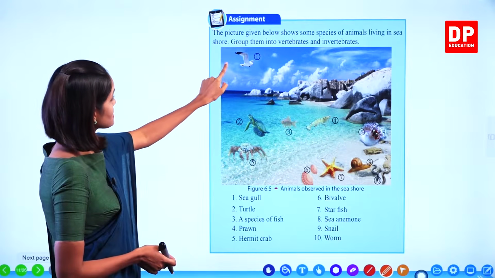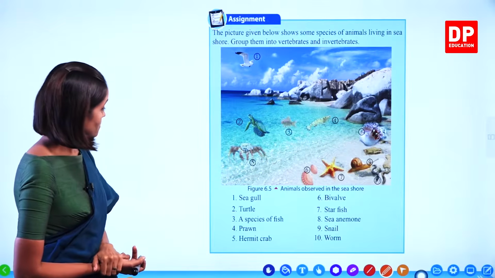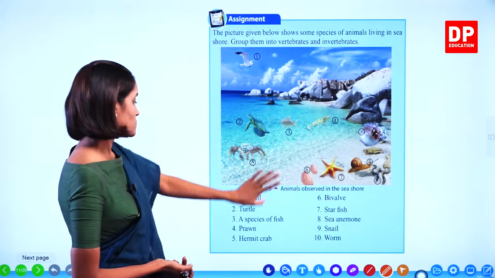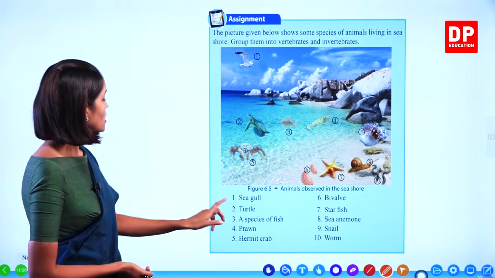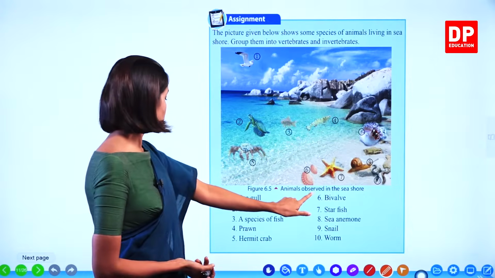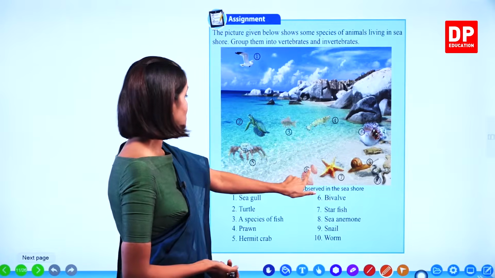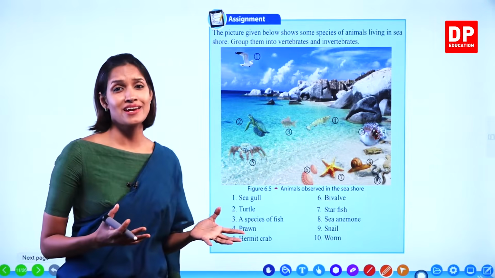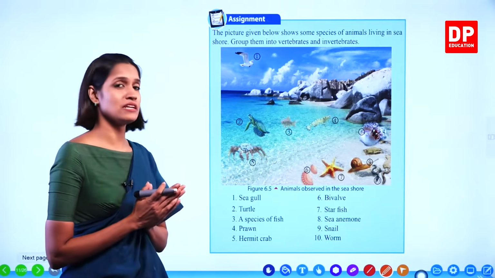See, number 1, seagull. Number 2, turtle. Number 3, species of fish. We can consider fish, right? Number 4, prawn. And number 5, hermit crab. Number 6, bivalve, means clams, for example, oysters. Some of you must have seen.